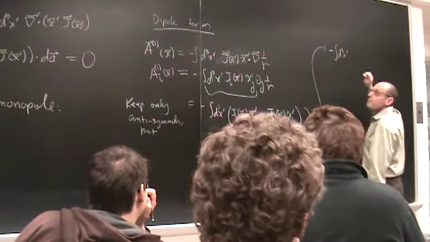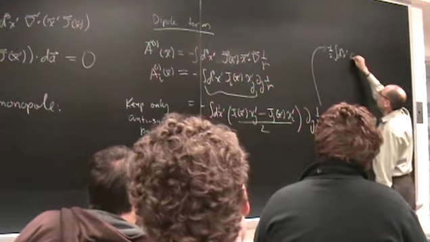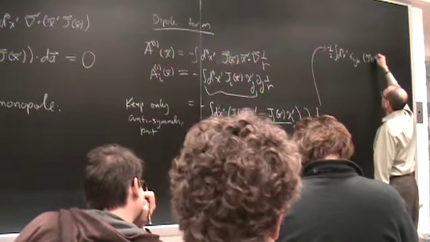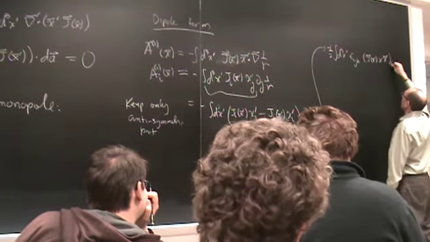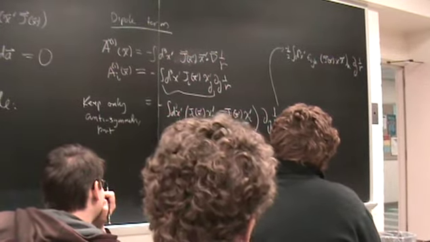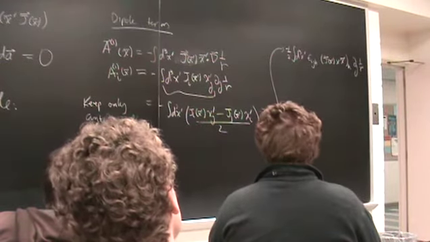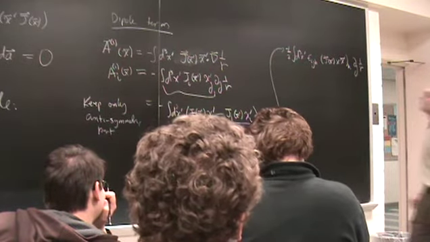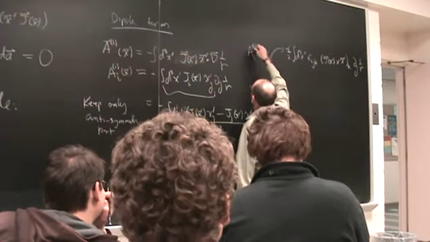So that is equal to minus the integral over x prime, with the half out front, epsilon ijk j at x prime crossed into x prime k partial j 1 over r. And that's equal to A sub i.